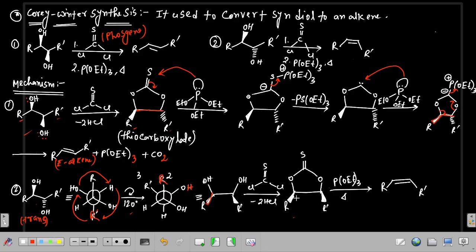In this case both R and R dash are syn to each other, so after reaction with the triethyl phosphite, and in the presence of heat, it will give the Z alkene, because here both R and R dash are syn to each other.